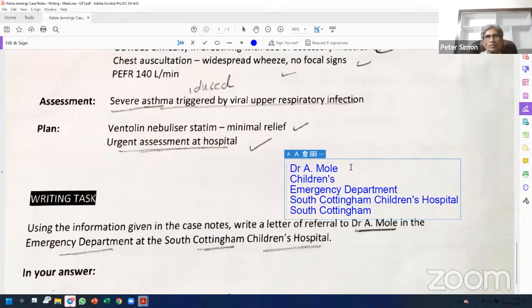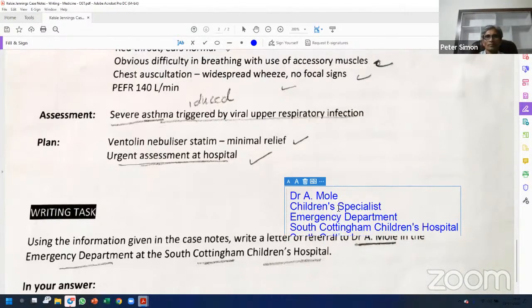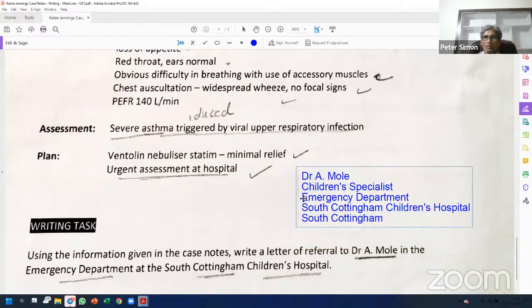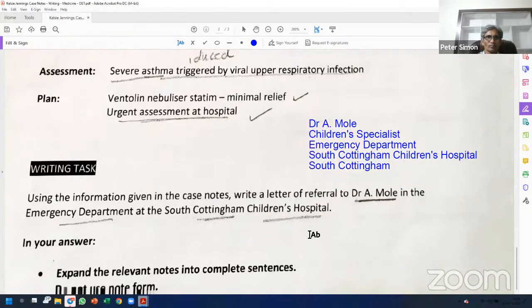Children's specialist. So Dr. A. Mole, children's specialist. Emergency department, South Cottingham Children's Hospital, South Cottingham. That's it. This is the address. Okay, fine.